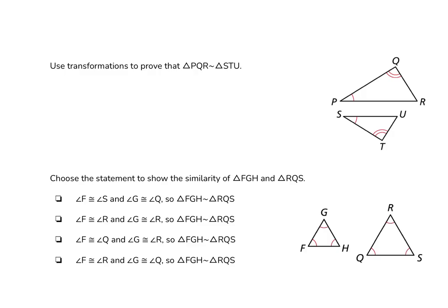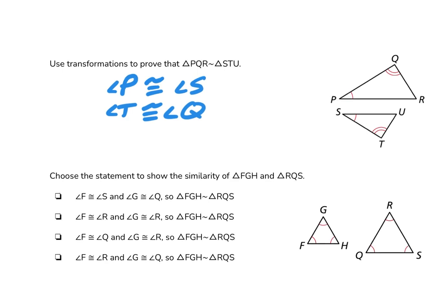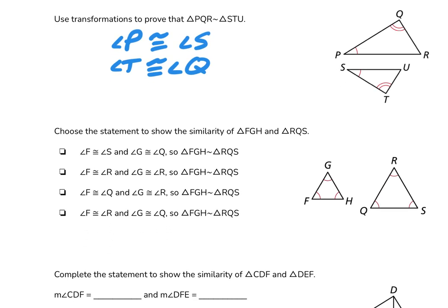And so here we know that angle P is congruent to angle S, and we know that angle T is congruent to angle Q. Therefore, triangle PQR is similar to... Now we got to match it up. Xander, what is P going to match with?